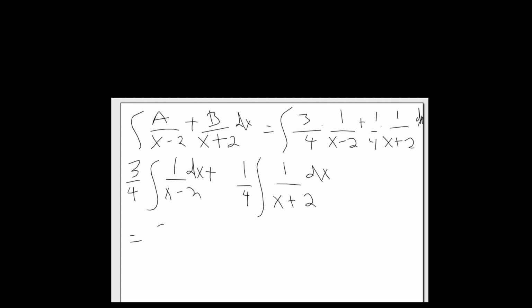And this will all be equal to 3 over 4 times the natural logarithm of the absolute value of x minus 2 plus 1 over 4 times the natural logarithm of the absolute value of x plus 2 plus c. And that is our answer.